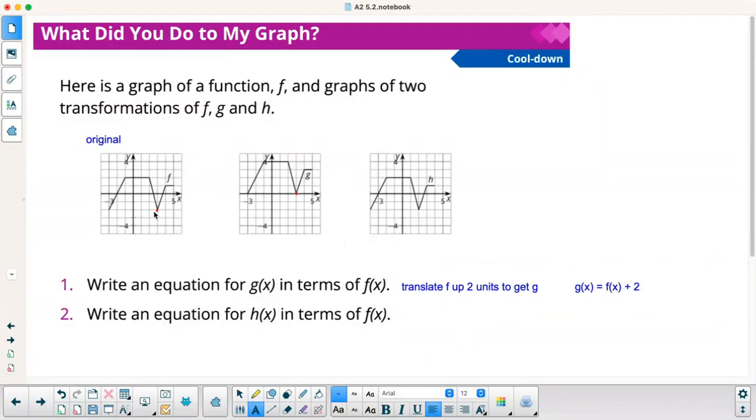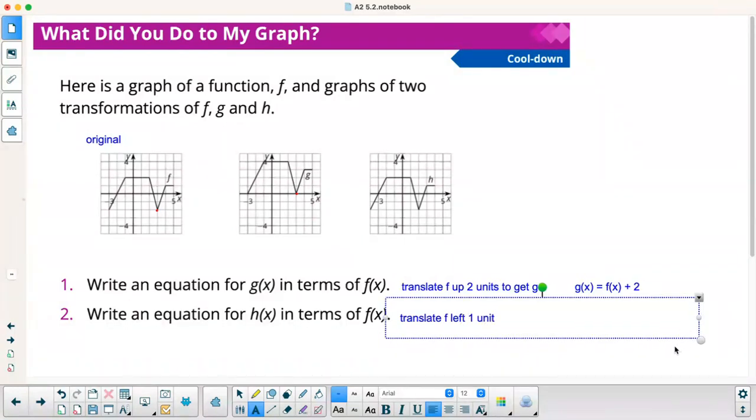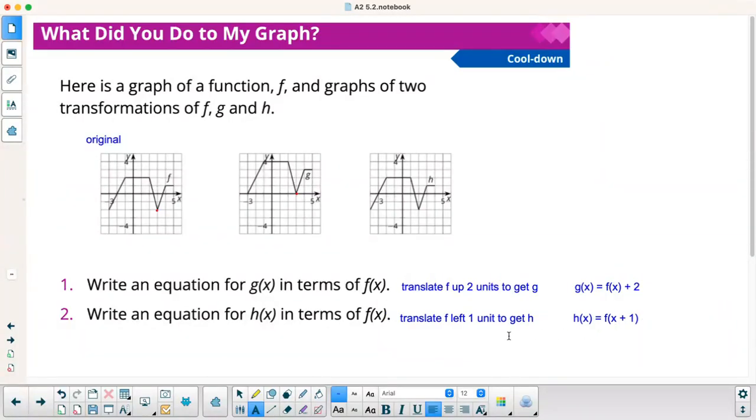Now, for this one, it looks like that point moves left 1. So for H, translate F left 1 unit to get H. So H of X is equal to F of X, but to go left, I'd have to replace the X with X plus 1. Okay, and that would be my new function.